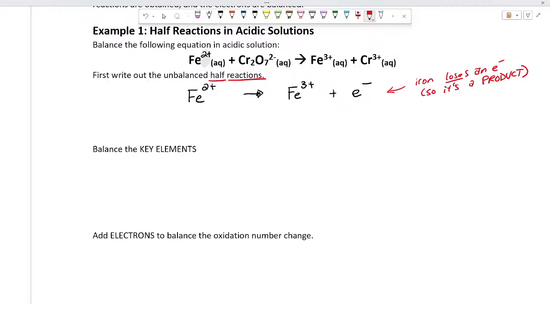Is this an oxidation reaction or a reduction reaction? Oxidation. Okay. That must mean that the other reaction must be a reduction. So let's look at it.